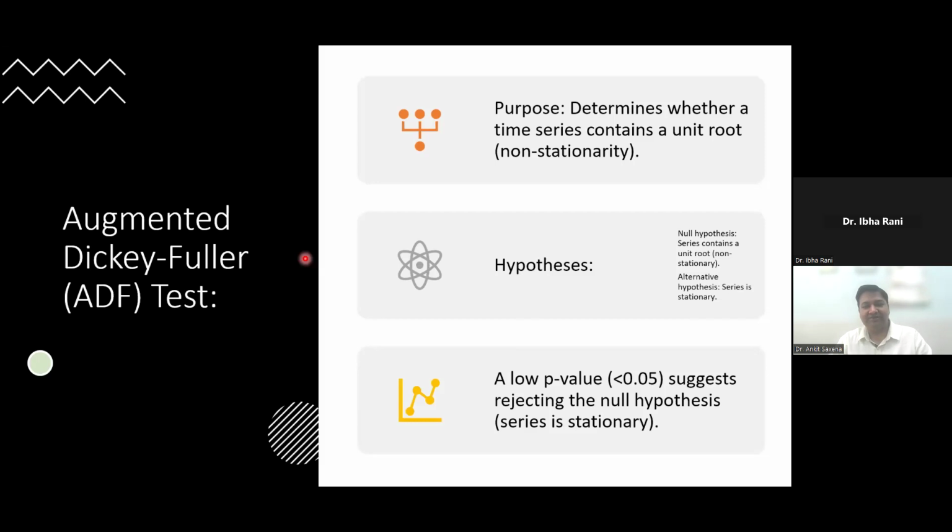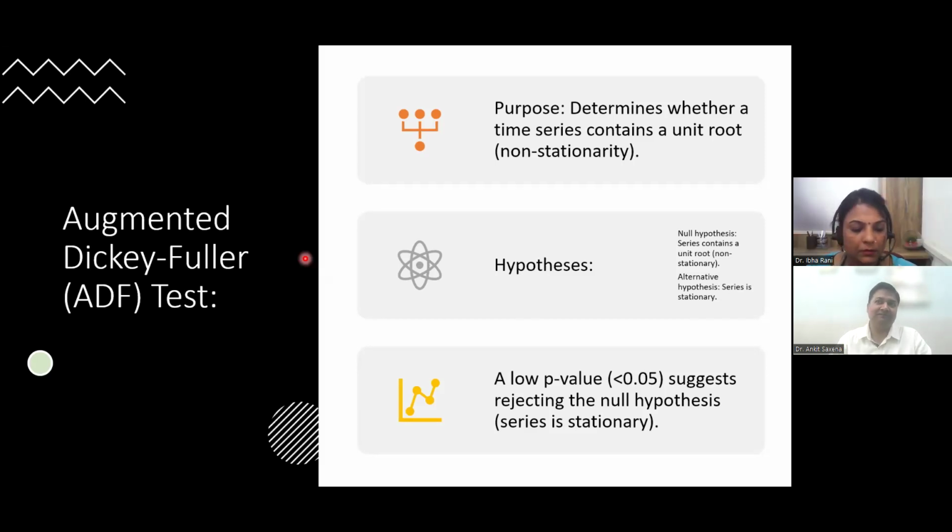So what we did yesterday, we checked the stationarity of the closing values of one index, and then we also checked the stationarity of the return. What we could understand is that closing values were not found stationary, so they should not be made part of any analysis where you're trying to build a model that predicts something. That would not be a good idea because the stationarity is not there.